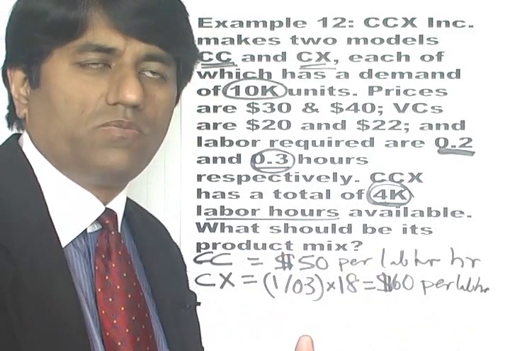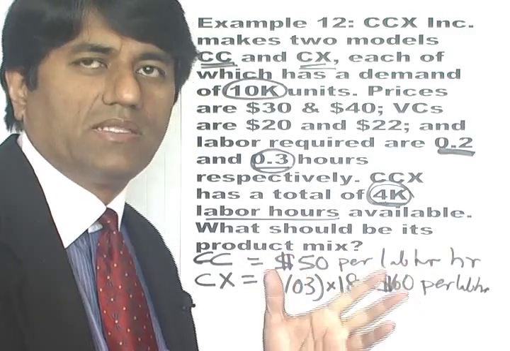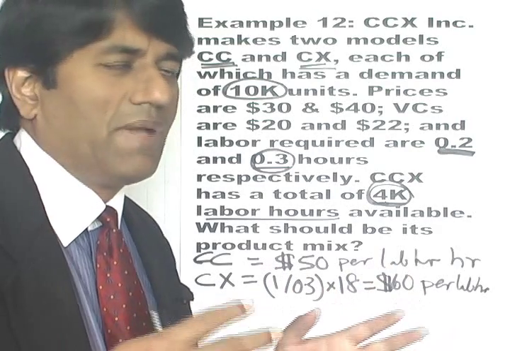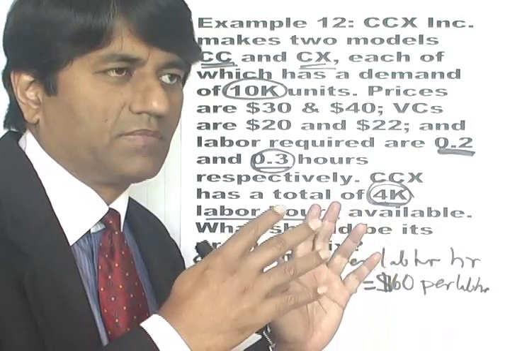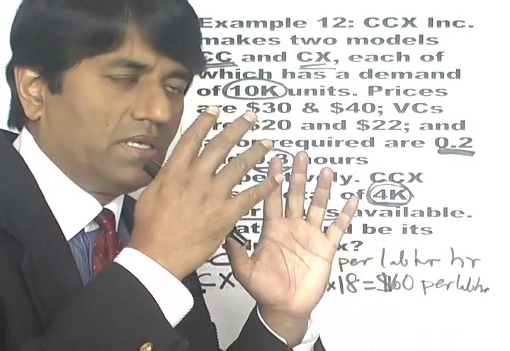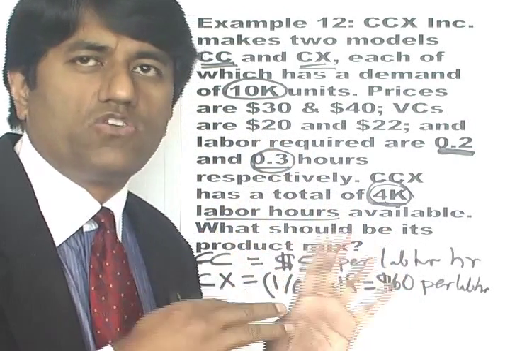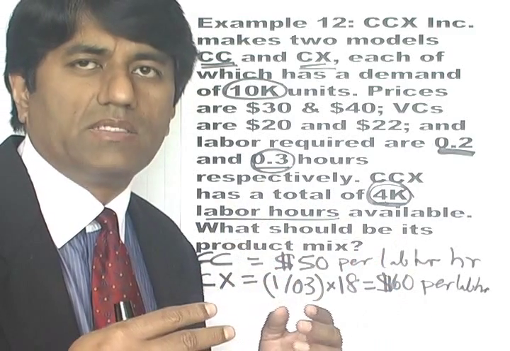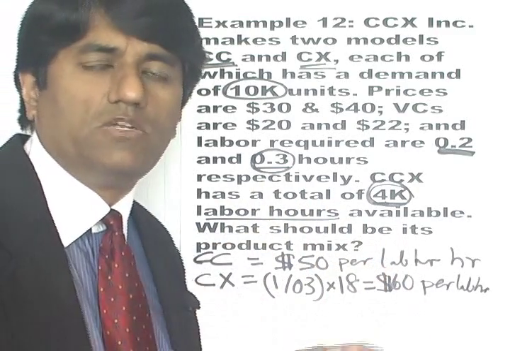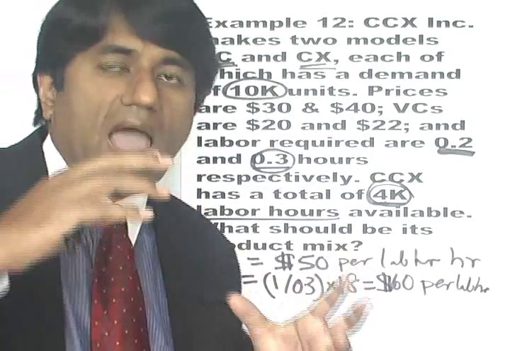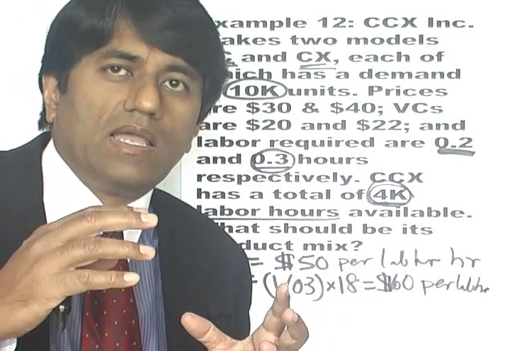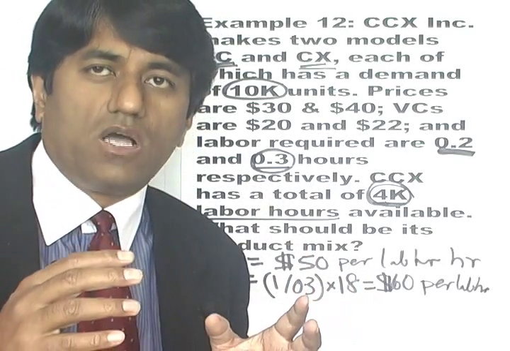I'm actually ignoring fixed costs over here because what we are just trying to do is we are maximizing the contribution margin. We are maximizing the revenues minus variable costs, because fixed costs being fixed don't change as we change the product mix, and therefore do not need to be considered here. Of course, the actual amount of profit will depend on fixed costs.